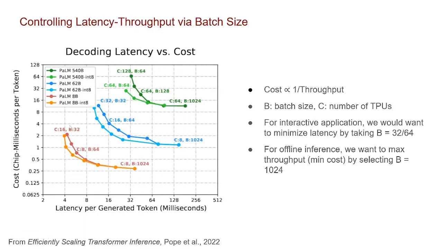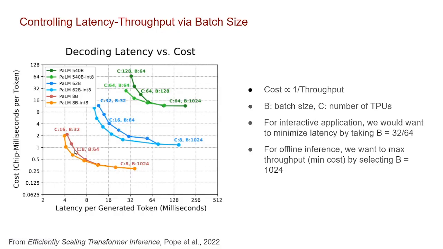For interactive applications, we probably want low latency, but we also want a decent amount of throughput so that in terms of cost, the service can be feasible. So there's this trade-off between throughput and latency.